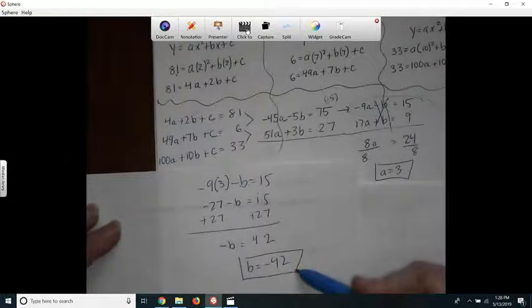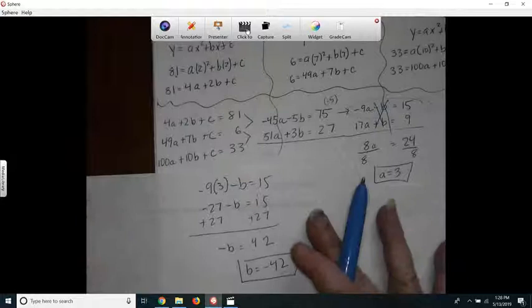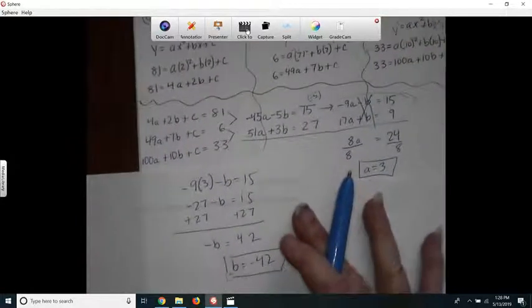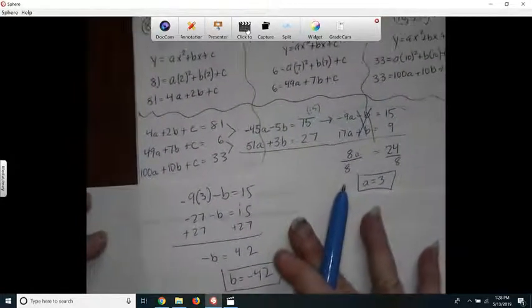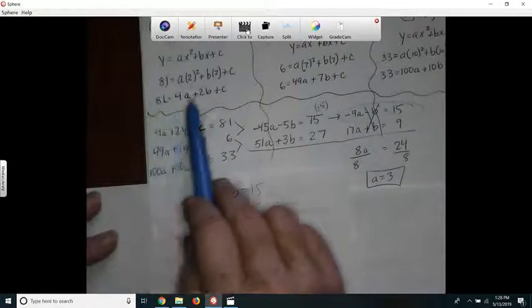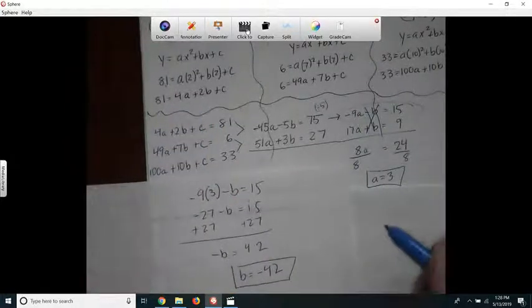Then I would like to find C. I'll just use this equation right here, and I'll write it over here.